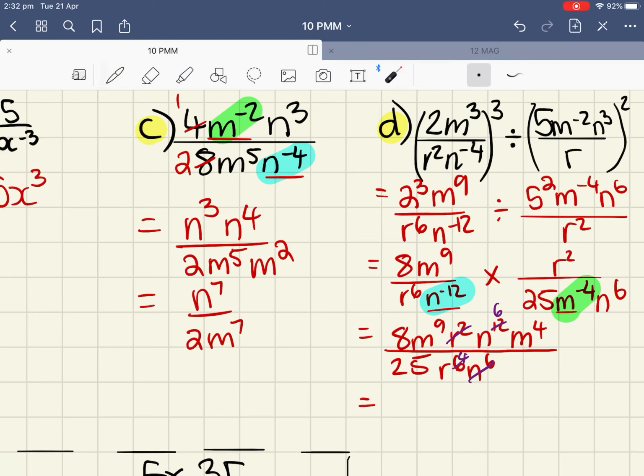And I'm now going to also have to combine my m terms, my m bases, m to the 9, m to the 4. All right, so they're going to add together. So that will give me 8 m to the 13, n to the 6, over 25 r to the power of 4.